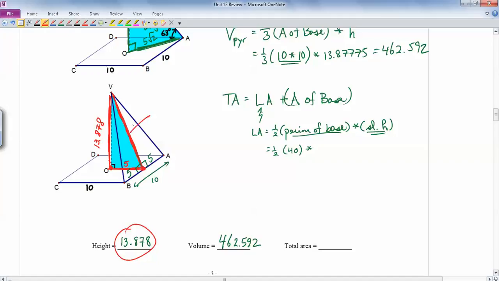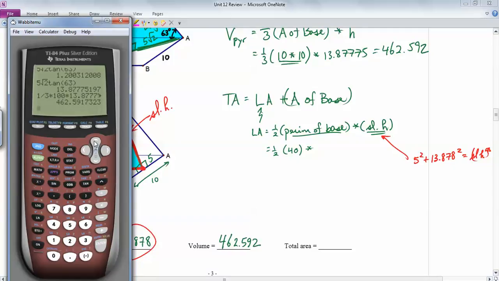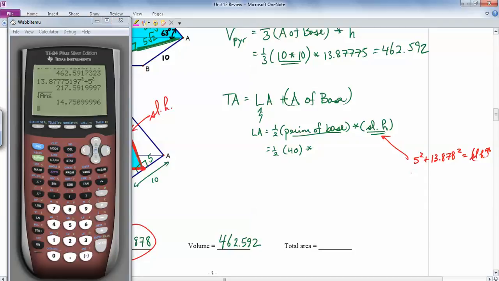So I can do Pythag to get the slant height. Here we've got 5 squared plus 13.878 squared equals the slant height squared. So let's take 13.878, square it, add it to 5 squared, and then take the square root. So 14.751-ish is the slant height.